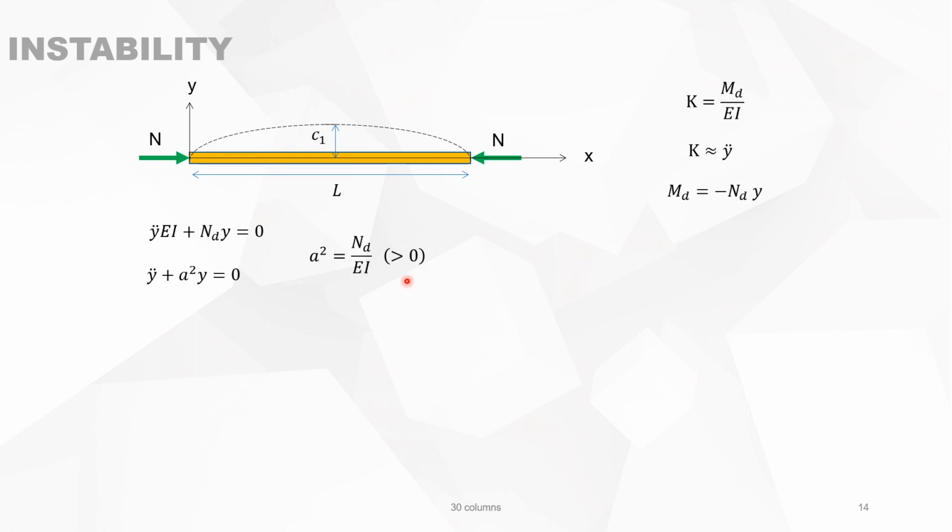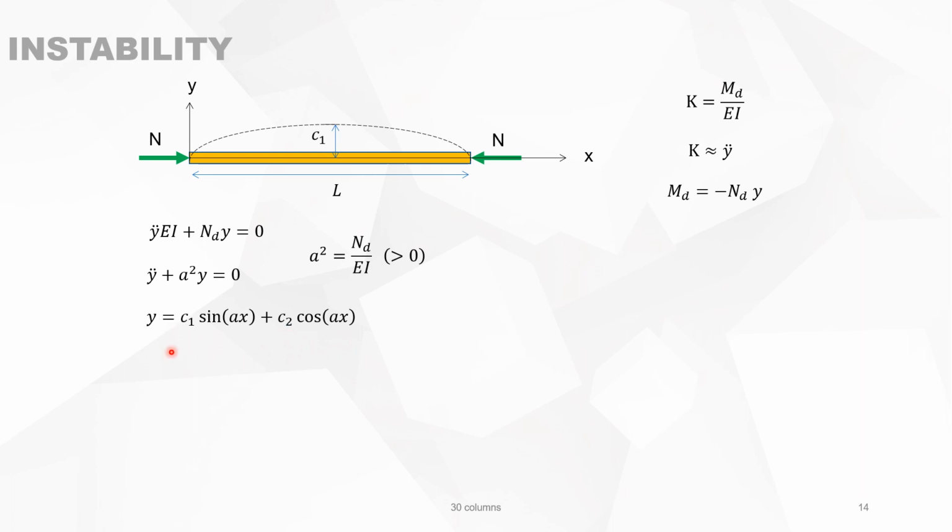It must be positive. Then we have a typical differential equation of the second order, and we know for those equations that the solution is a combination of cosinus and sinus. So the solution is then a constant c1 times sinus ax plus c2 cosinus ax.